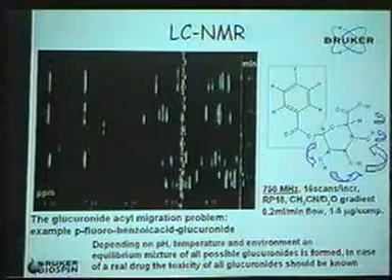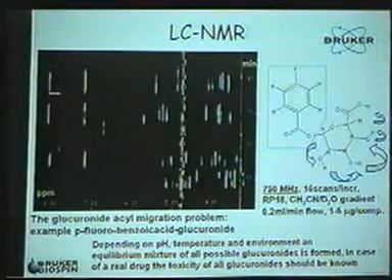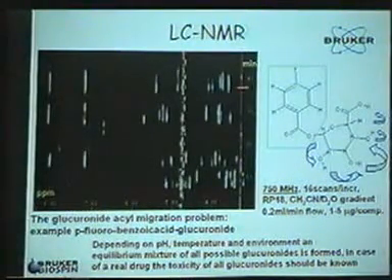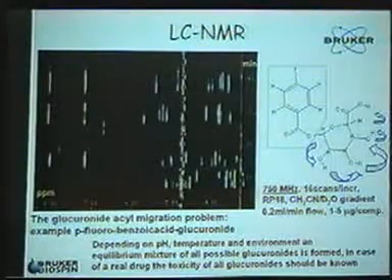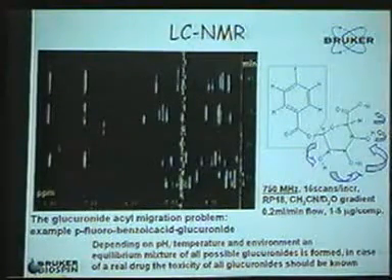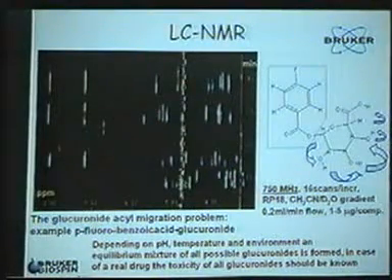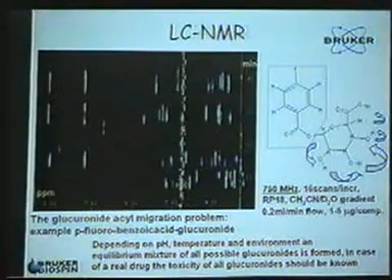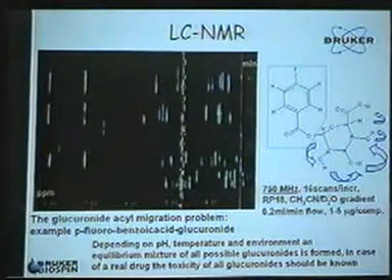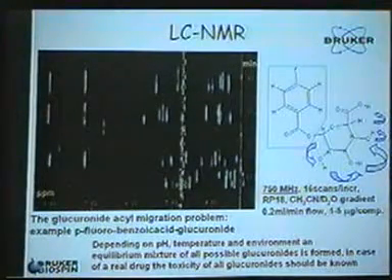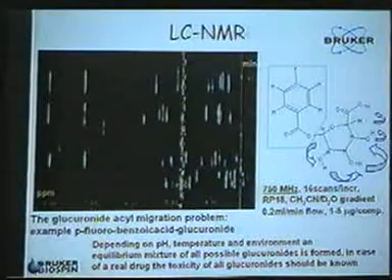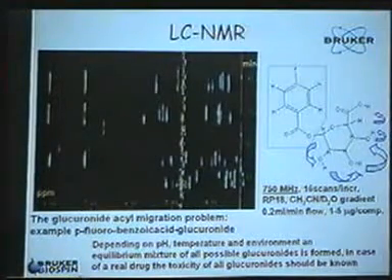This is each time a 1D spectrum. So if we take a row out of that, we will get the 1D spectrum of this compound. If we take a row out of that, we will take a 1D spectrum of this compound. So this is extremely powerful because you see directly the NMR chromatogram.